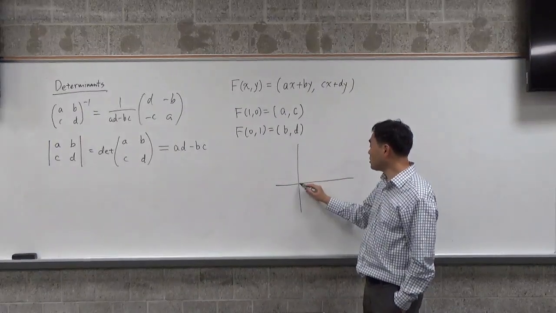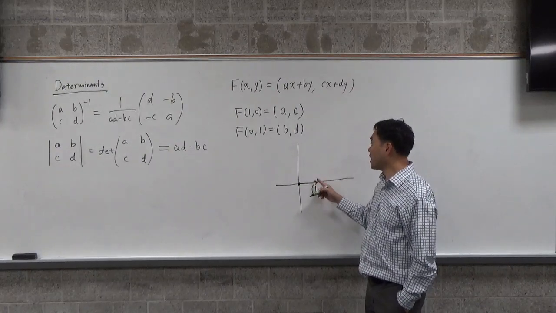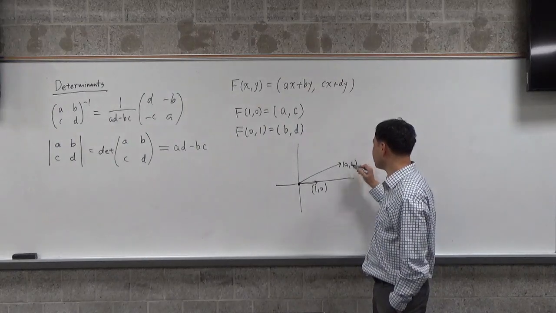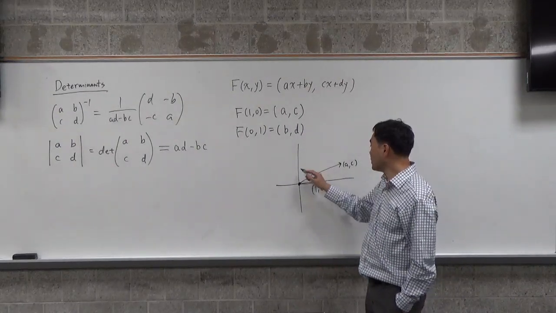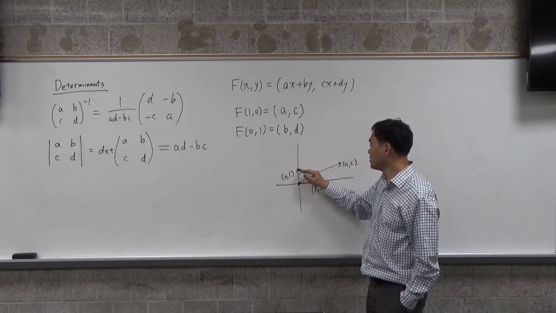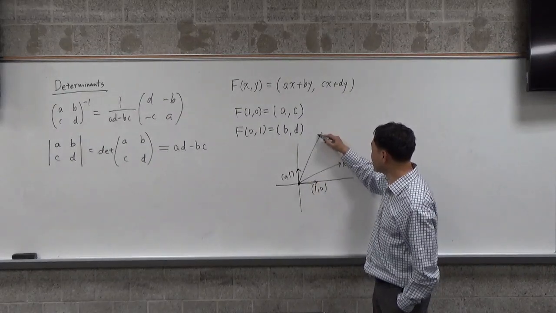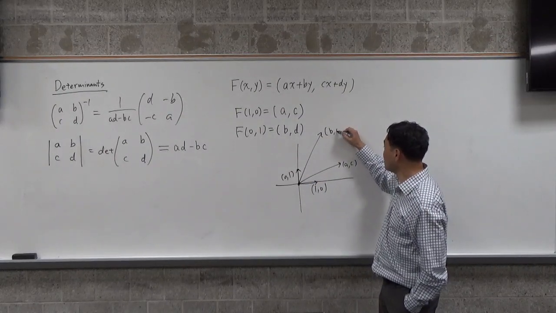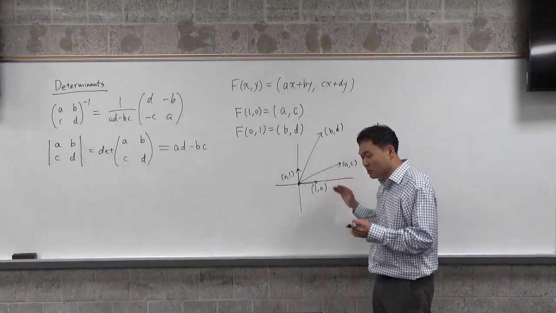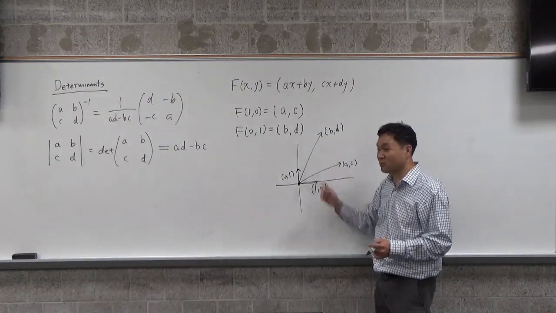So this vector 1, 0 is sent to the vector A, C. And this vector 0, 1 gets sent to another vector here, B, D. Now I'm just assuming that these are some random numbers. I have no idea what these are, but it gives you some vector here and some vector there.